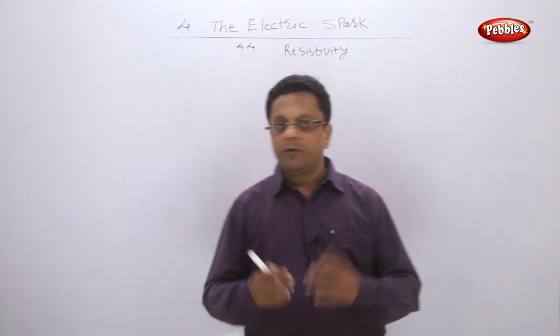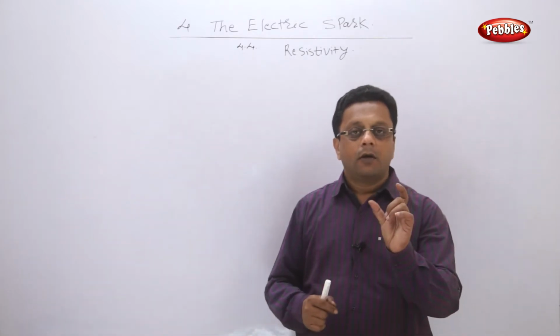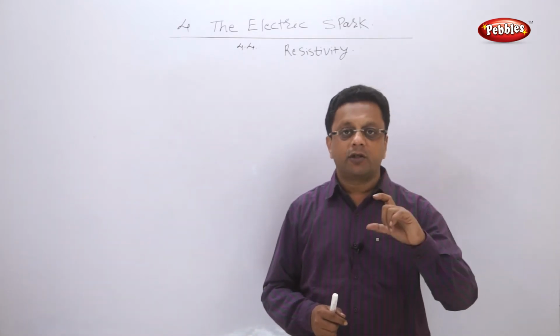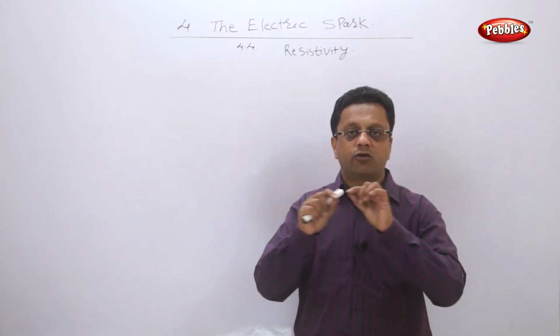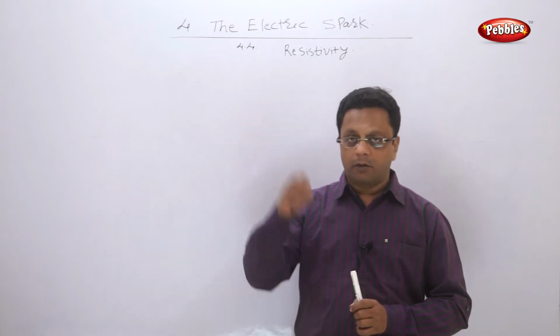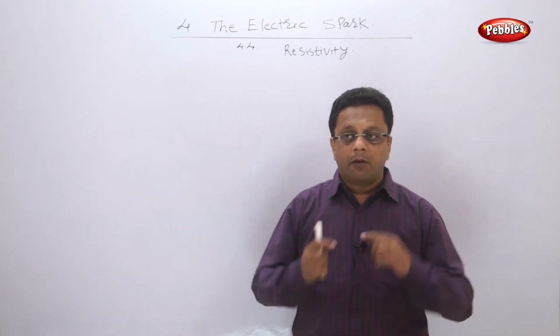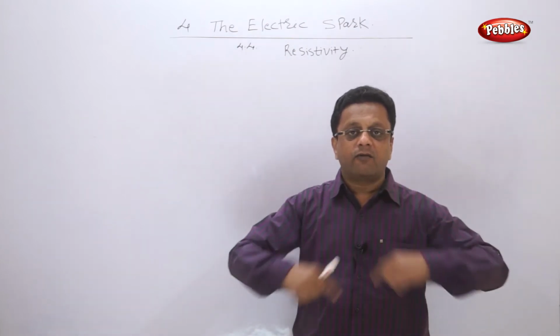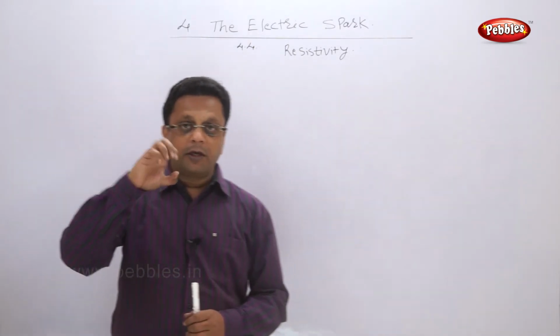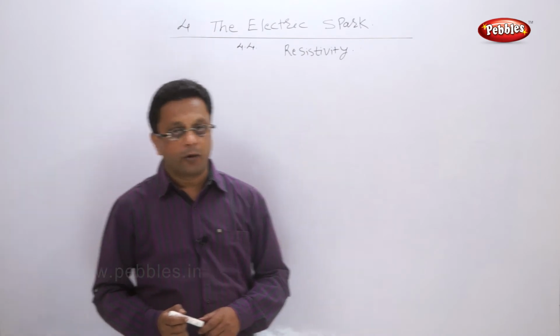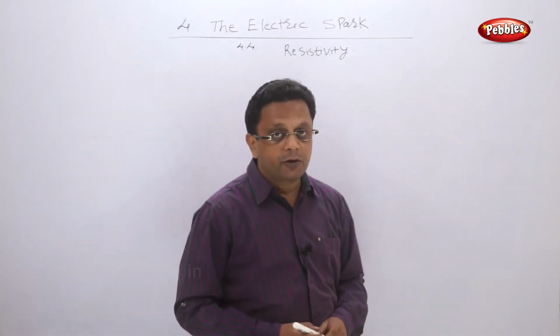You must have observed that if you have a 9 volt battery or a small 1.5 volt cell, and 2 wires attached to a bulb, the bulb will glow. But when you go on increasing the length of the wire attached to the bulb, the bulb will go dimmer and dimmer. The brightness will be reduced. Why?